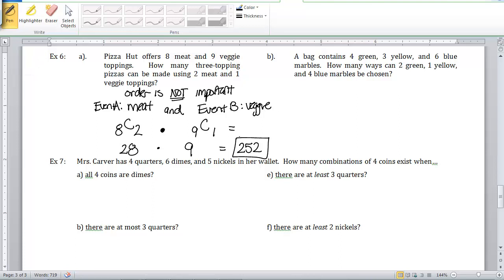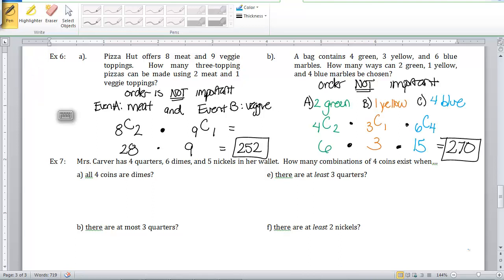Please now pause the video and complete example 6B. In example 6B, I had 3 different events. I was choosing 2 green marbles, 1 yellow marble, and 4 blue marbles. So for event A, I needed to choose 2 green from 4. In B, I needed 1 yellow from 3.